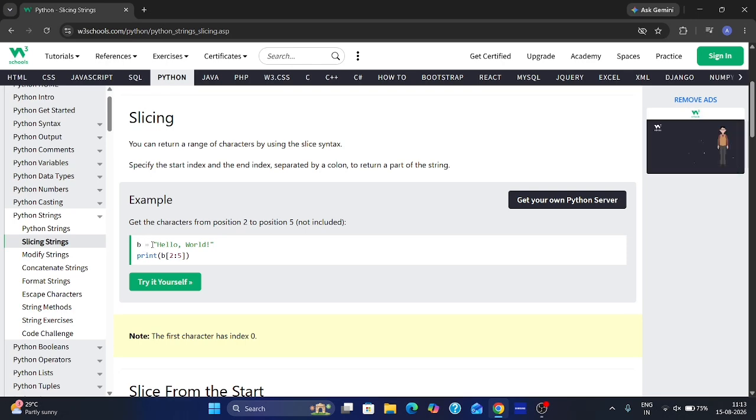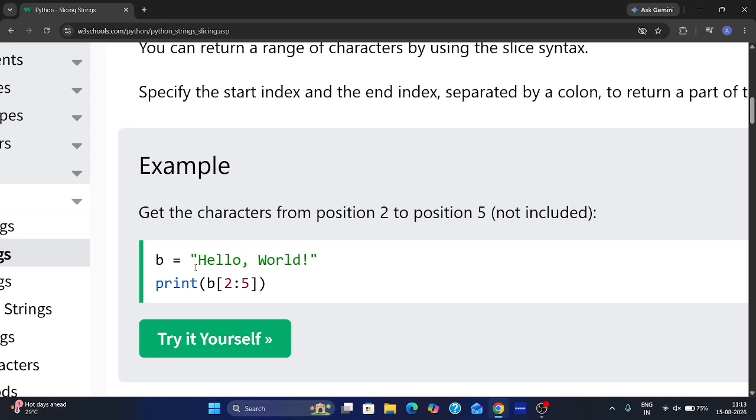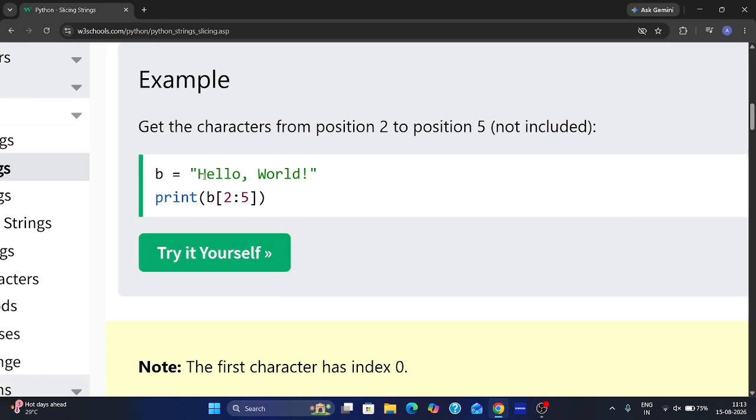First of all, you have to remember this one: this is index 0. When we start any indexing or slicing, the first character is always 0. It starts from 0.